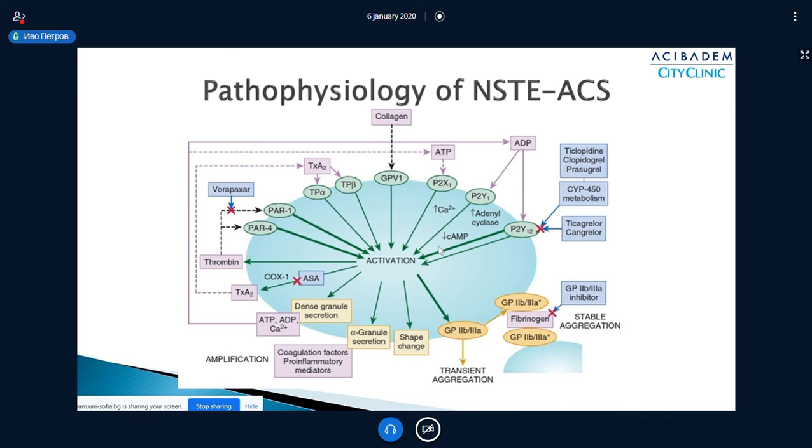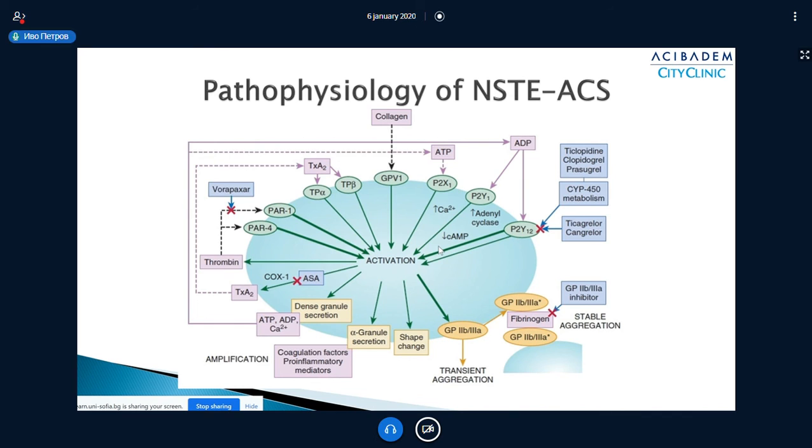But after the application of the modern approach of percutaneous mechanical recanalization and mechanical restoration of the flow, the usage of thrombolytics as a systemic treatment was put apart because it carried the risk of bleeding, allergies, and of course the most devastating bleeding is brain bleeding.